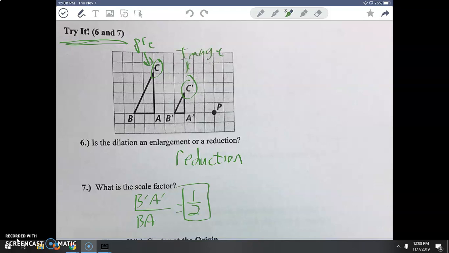So the smaller one is the after. So we went from bigger to smaller, which is the reduction. And then the next one is the scale factor. When we set it up, you end up with 1/2. So that means the image is half as big as the original.